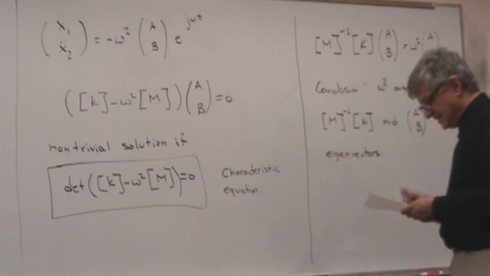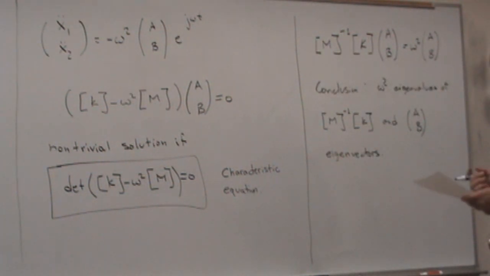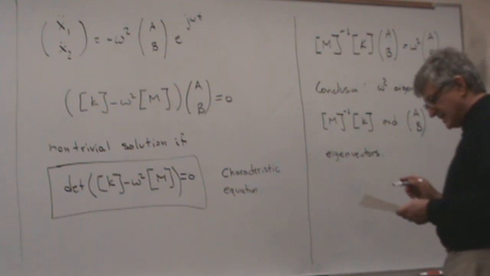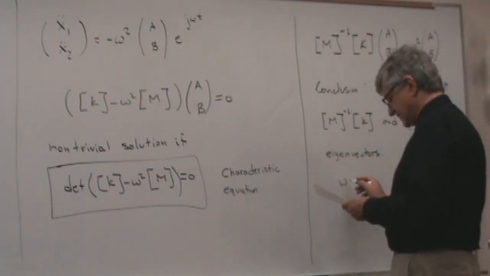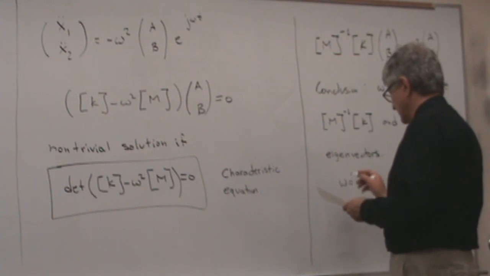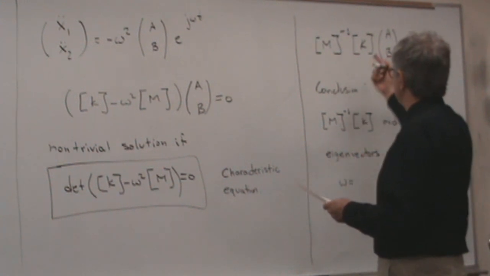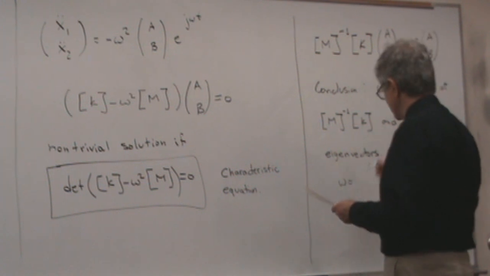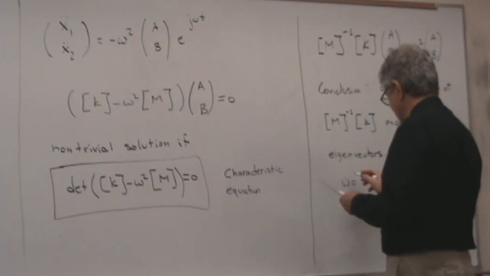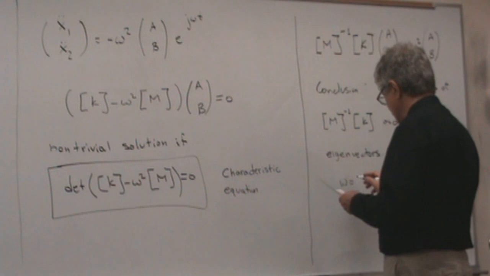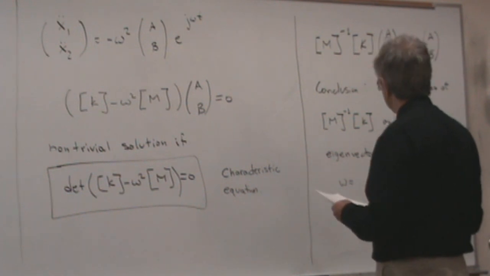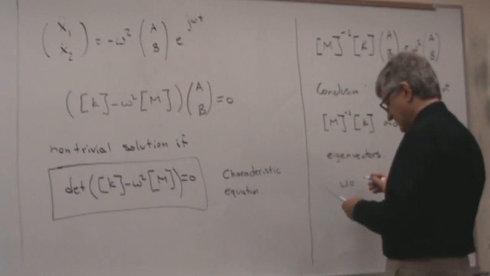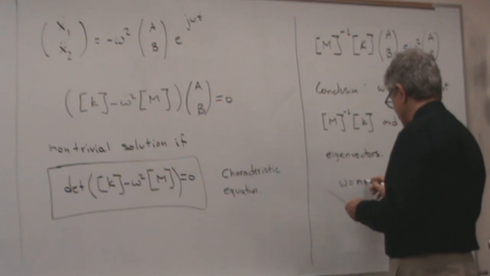Okay, in the language of structural dynamics or mechanical vibrations, we call omega the natural frequency. And because we don't have one solution, we have actually 2 solutions, omega is called natural frequencies.